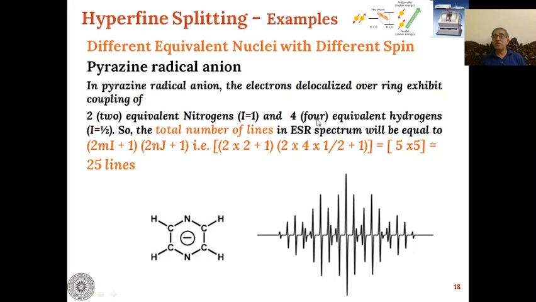Then there is another radical anion, anthracene. This is the structure for anthracene, and here we are having three sets of equivalent protons. Sets A and B consist of four equivalent protons each, and set C has two equivalent protons. These two will be equivalent, these four will be equivalent, and these four will be equivalent. So it is different from naphthalene.